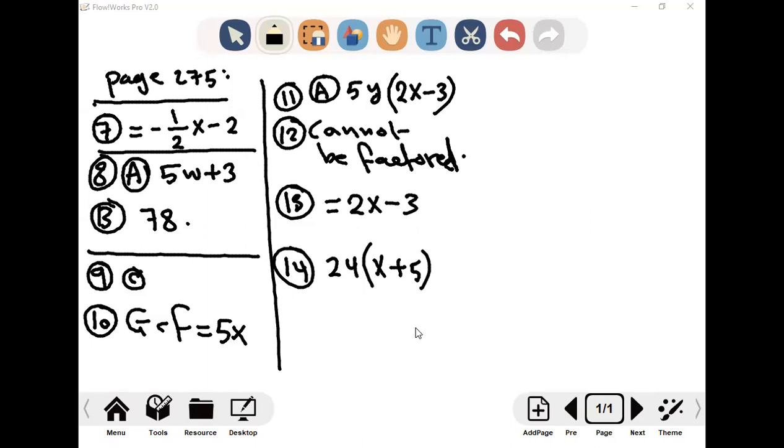How do we find the total? The number sold is 8W plus 5. Each one is 17. So what's the total money?